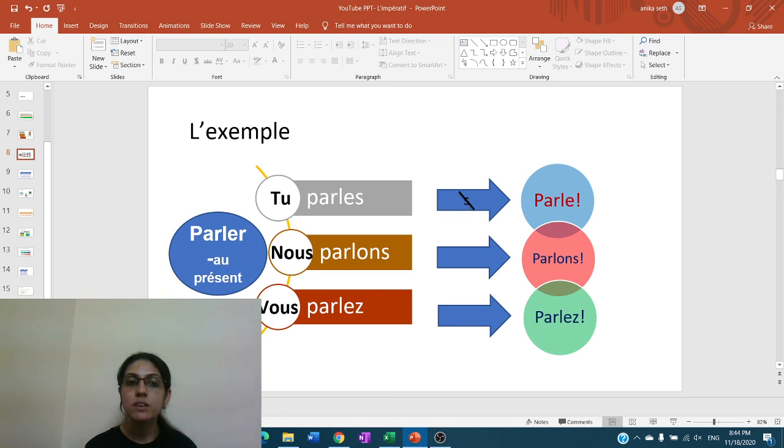For example, parler is tu parles, nous parlons, vous parlez. But in the imperative form, first of all the subject pronouns are dropped. Secondly, with tu, S is also dropped. So this leaves us with parle, parlons, parlez, and an exclamation mark at the end.